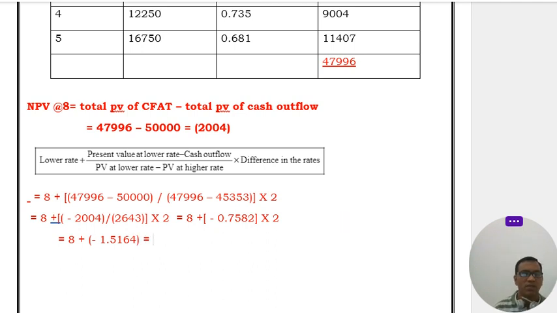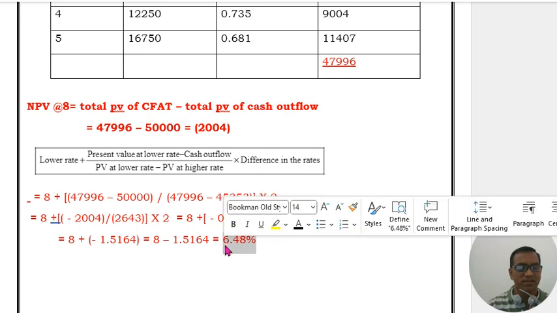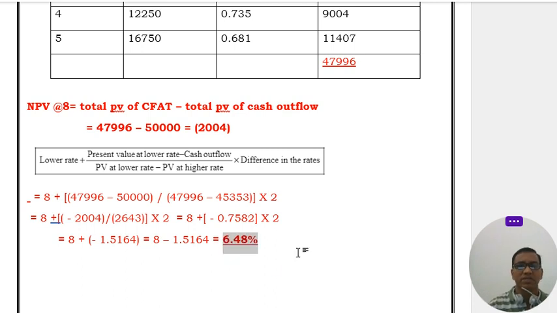Plus into minus will be minus, so 8 minus 1.5164, that equals 6.48 percent. The internal rate of return calculated for this project is 6.48%.